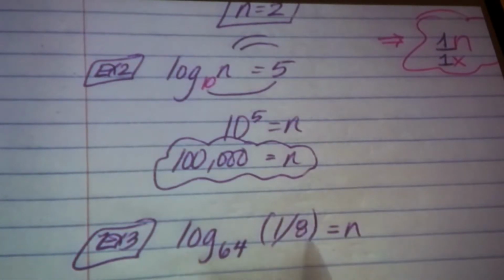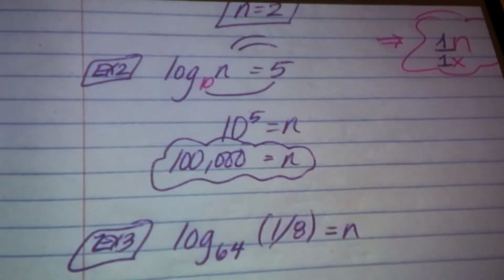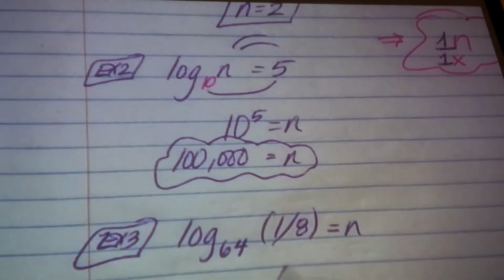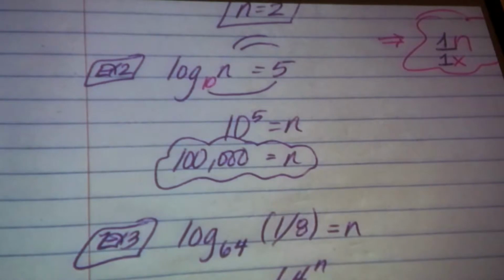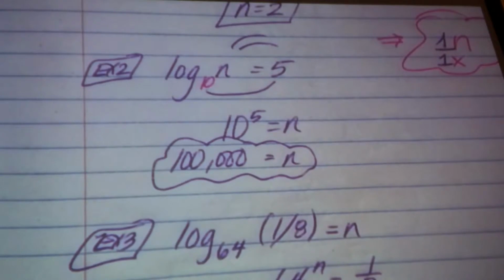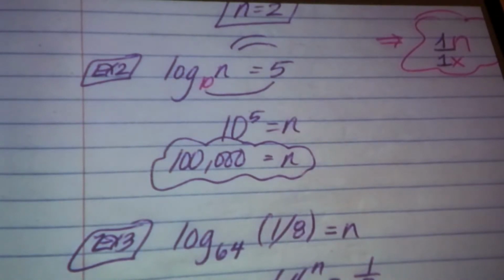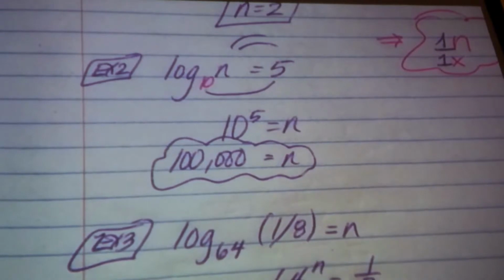Kathleen, how do you say this? Or you could say log base 64 of 1/8, but you don't have to say the log base, but log 64 of 1/8, that's fine. Deshaun, how would I set this up? 64n? Thank you. I'll let you guys mess around with it. 64 to what power gives me 1/8? Everybody see how the number got smaller? 64 to the something give me 1/8?